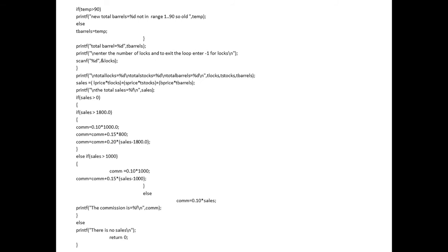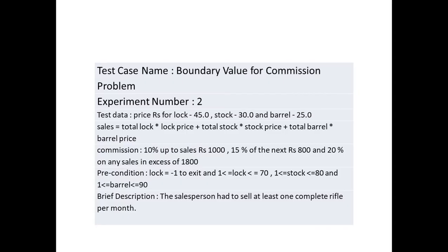So we will finish with 1800. If it is still above that, you will get 20%. If it is 1900, then only for that 100 bucks you will get the 20% commission, not for the entire sale. Okay, so that is what they mean. So that's how total commission is calculated.